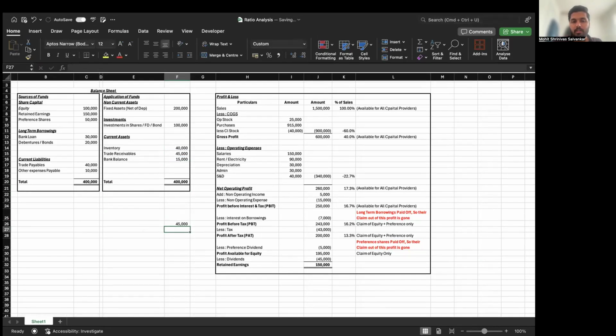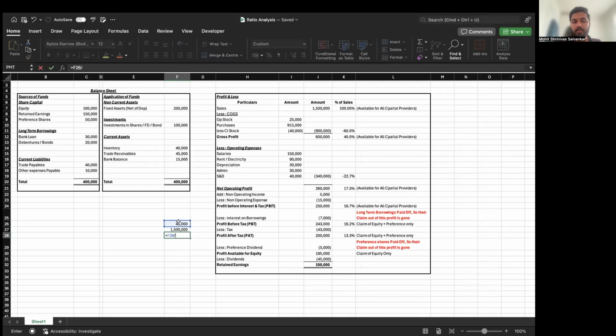So this is your average receivable, and this is your credit sales. I am assuming all the sales are on credit. I want to find out these receivables correspond to how many days worth of credit sales. So how do I get it?